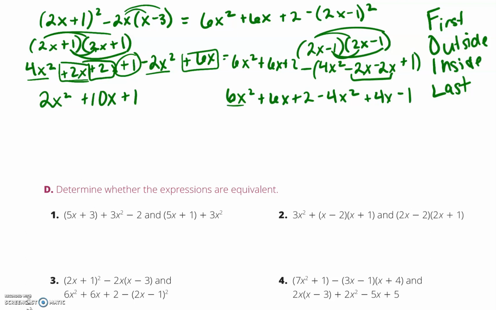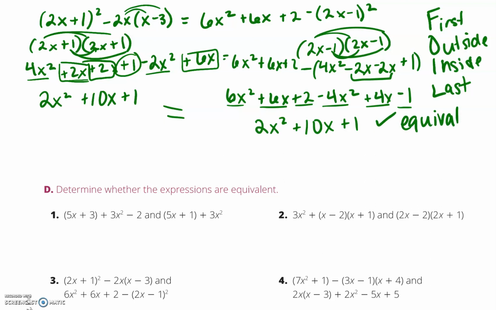I have 6x squared minus 4x squared, which would be 2x squared, 6x plus 4x, which would be 10x, and 2 minus 1, which would be plus 1. So as you can see here, 2x squared plus 10x plus 1 equals 2x squared plus 10x plus 1. So those are equivalent.